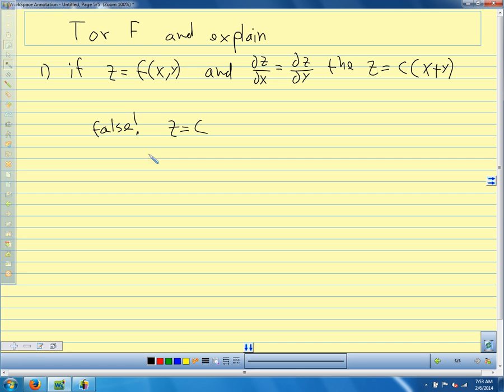Anybody think of any other types of counterexamples? Any other types of functions where the partial with respect to x and the partial with respect to y are equal, but the function doesn't look like this? Max says z equals e to the x plus y.